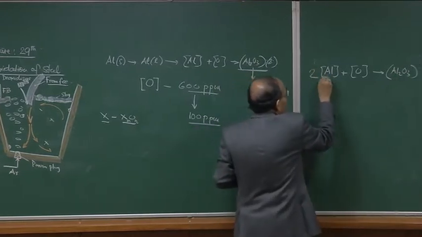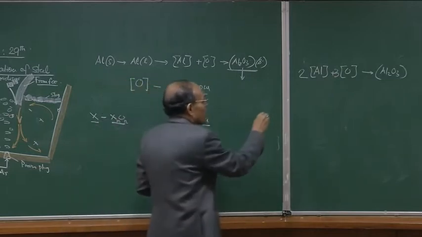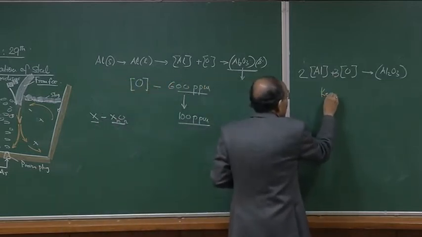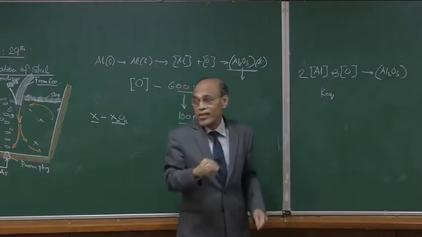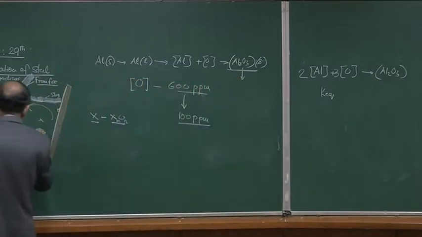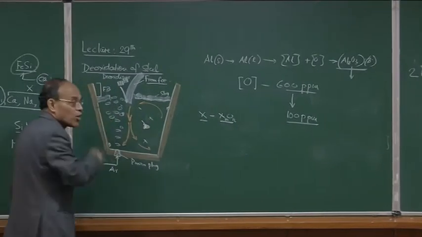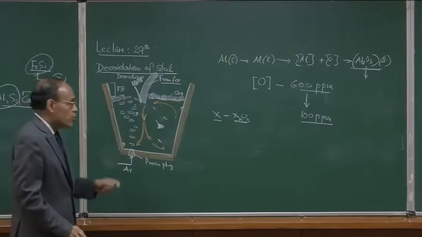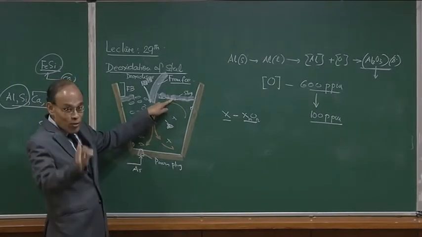So we will say 2 aluminum and 3 oxygen, and we can write the equilibrium constant K. If there is equilibrium, what does it mean? If the oxide product has nucleated here, there is an equilibrium between the melt and the oxide product, that is what we are talking about. There could be melt, oxide as well as slag equilibrium also, but we are not talking of that.